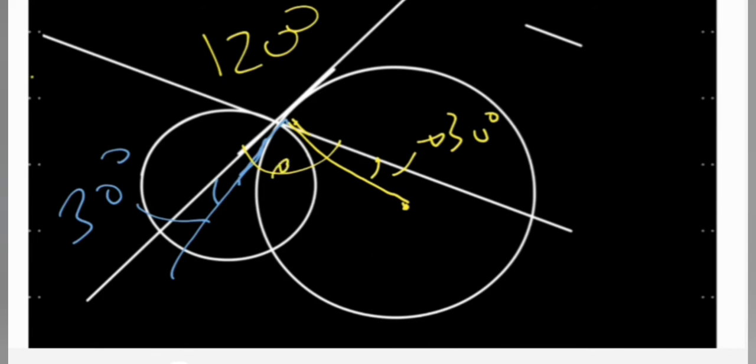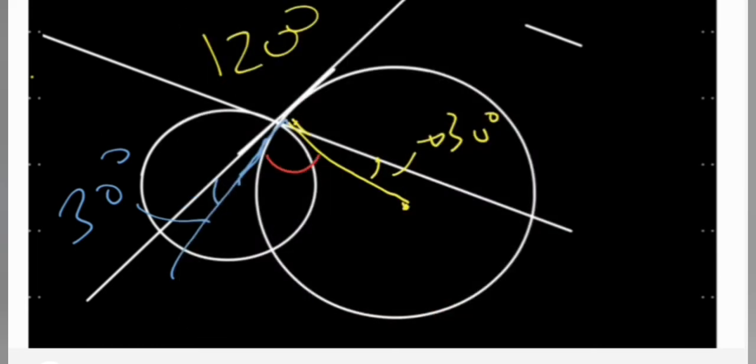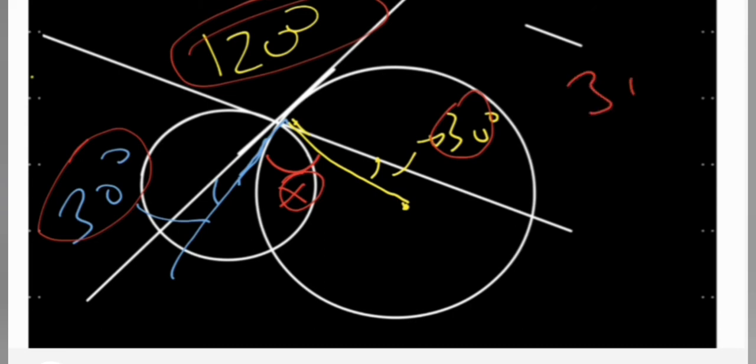But now we have this part. Let me do it with another color. This part over here, let's call it x. So x plus 30 plus 30 should be 120, right? So 30 plus 30 plus x is equal to 120.